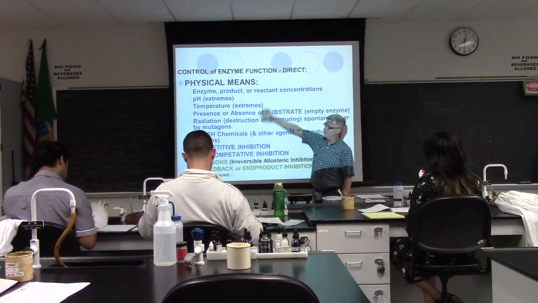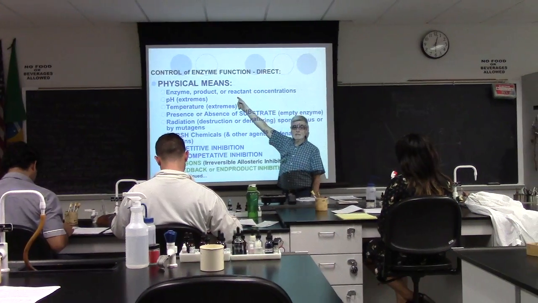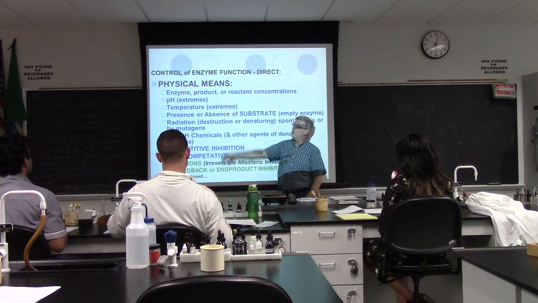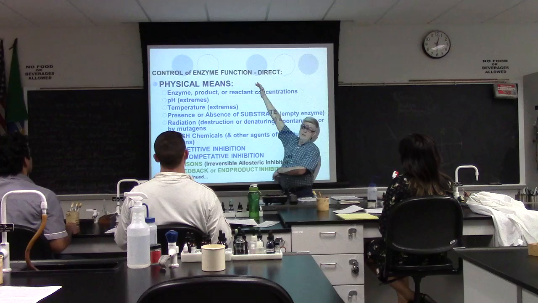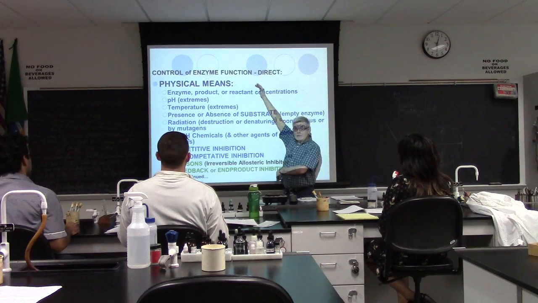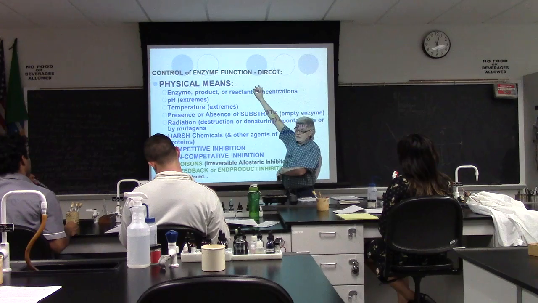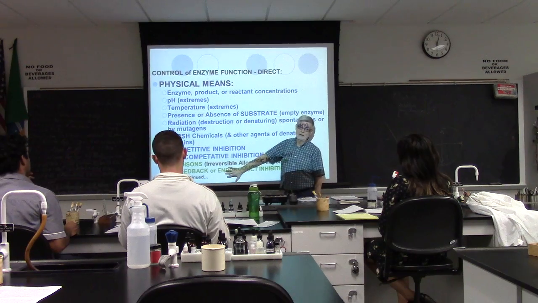These are the physical means, and remember the organization of this is from the least efficient to the most efficient of this category. So the least efficient, meaning it uses the most ATP for the cell, and this would use the least amount.